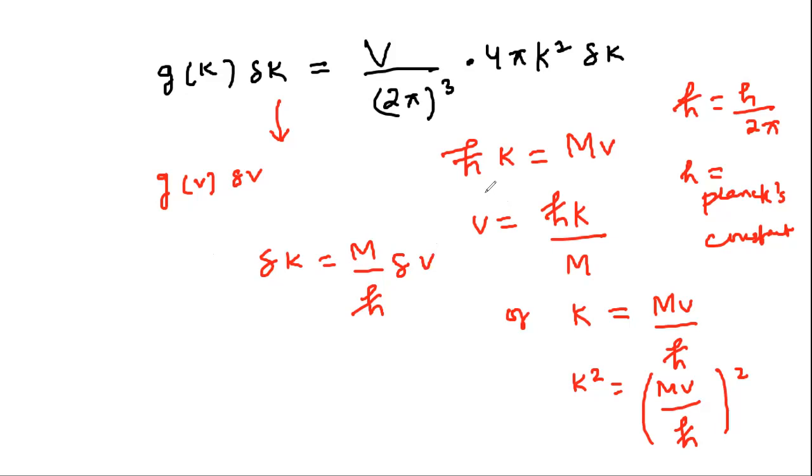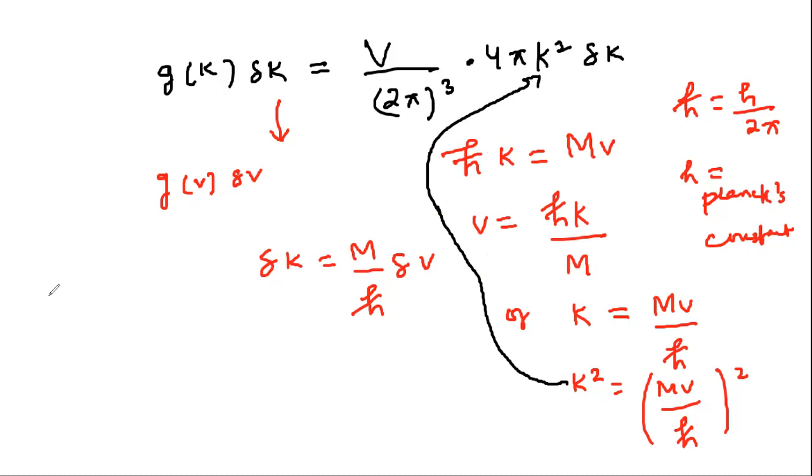Now, in order to go from G of K delta K to G of V delta V, making use of this transformation from K to V, you have to make substitution for K square. Let me highlight it. That means you have to plug in K square here, right?